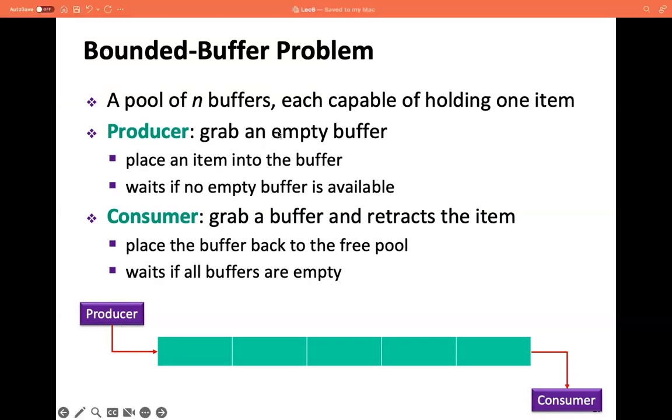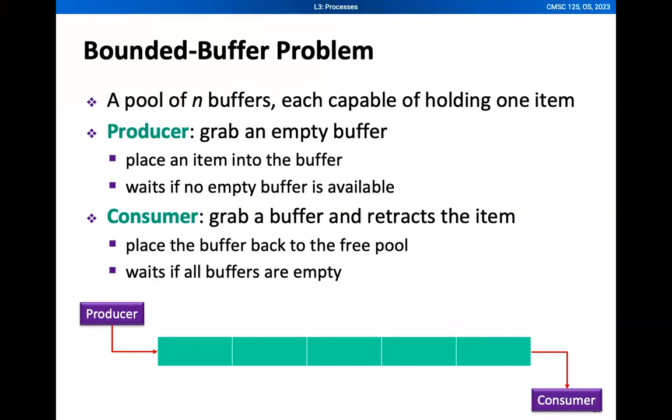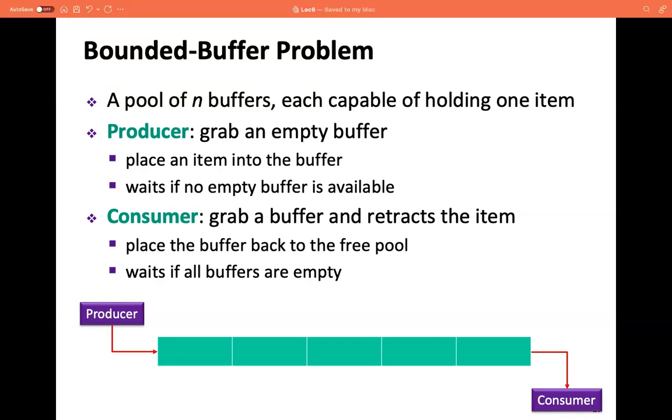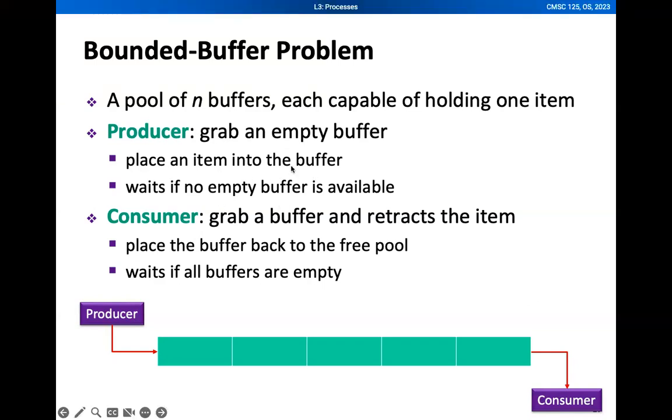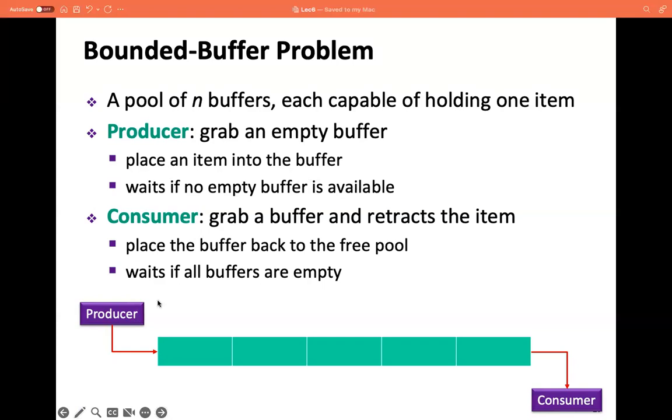So again, what the producer does is to generate data and add it to the buffer. Essentially, it grabs an empty buffer. It will look for which buffer is empty, and place an item into that empty buffer. If there are no empty buffers available, then the producer must wait.